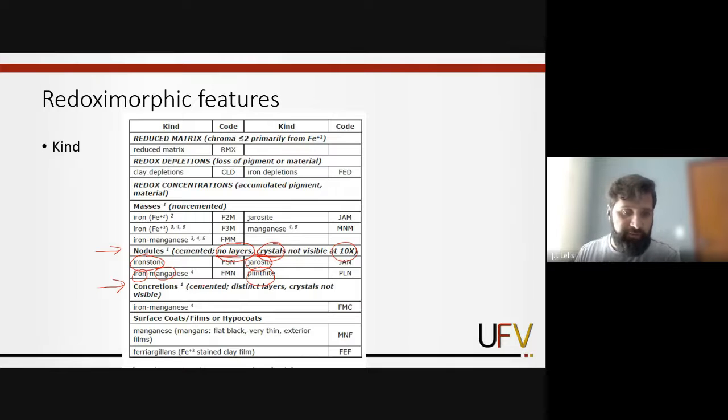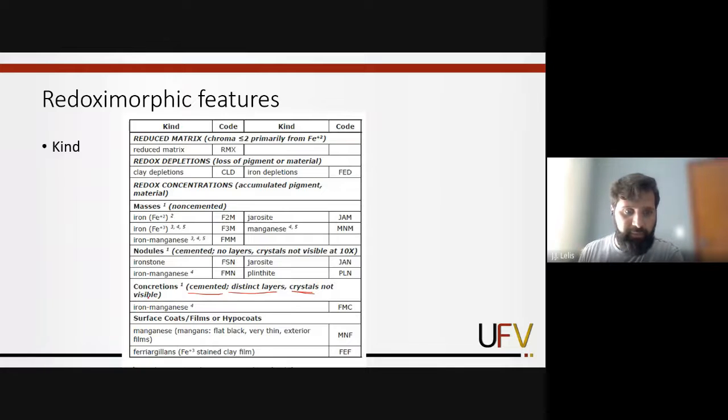And we can see some materials that have layers and are cemented. If the material is cemented and has distinct layers, you can find a pattern inside this material. These are concretions, and you can't see any crystals here either.